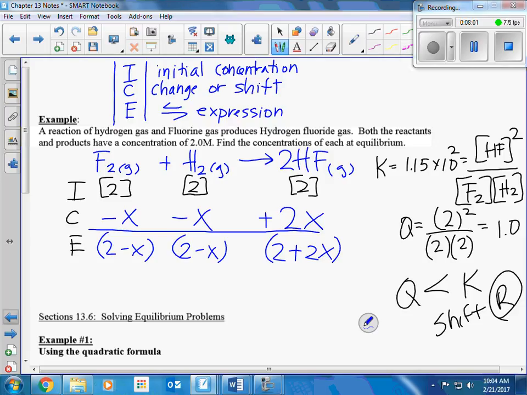Now this is where we get to do all this lovely algebra that you guys love to do. So now what do I do? Can I put this into my equilibrium expression, figure out what x is, and then can I figure out what the concentrations are at equilibrium? That's what we're trying to do. How do these change to get them into equilibrium?